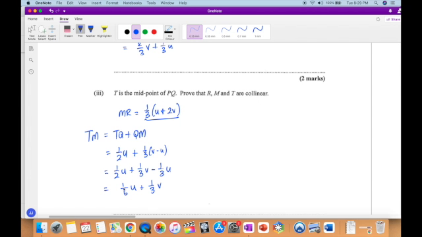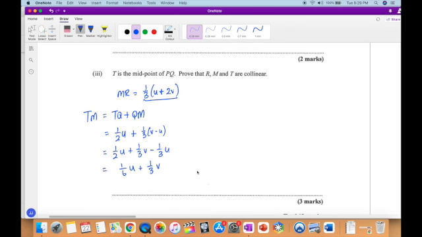If I was to pull out a third, I would have to have a half u.